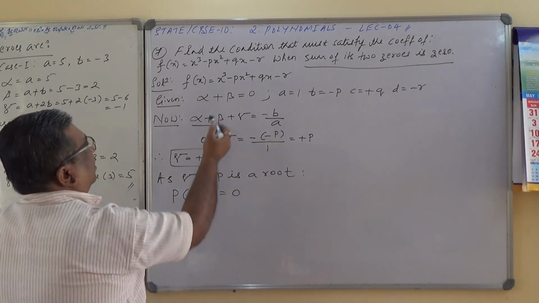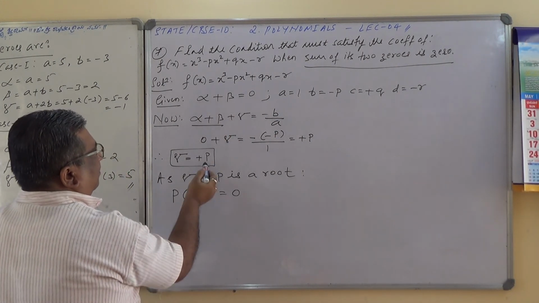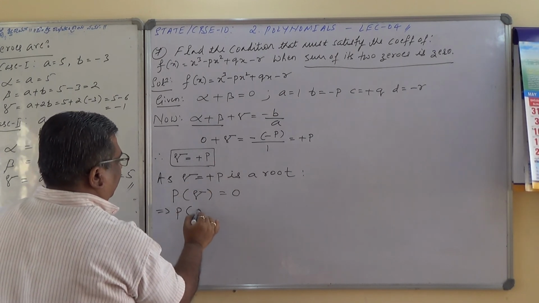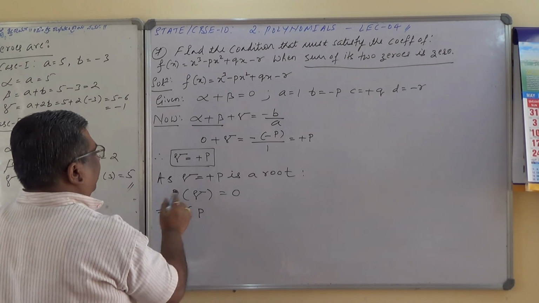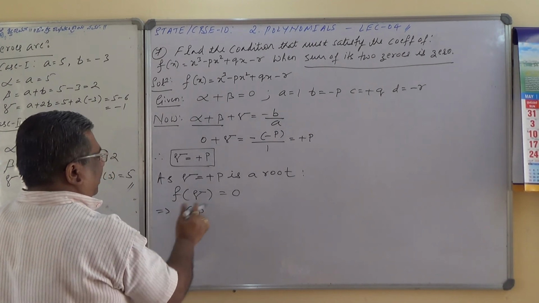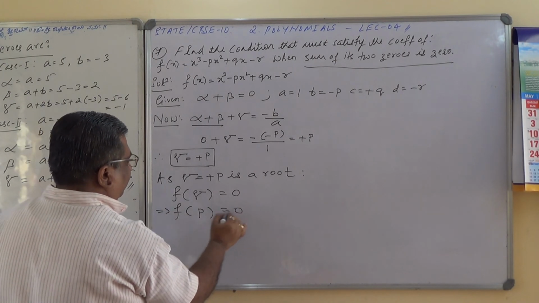And therefore, substitute here. What is P of gamma? Implies, polynomial, okay, F I'll take. Sorry, F it is taken, so that to avoid confusion. F of gamma is 0. So F of P should be equal to 0.